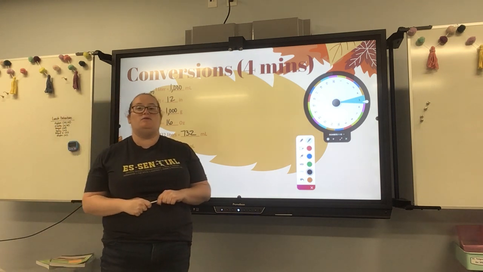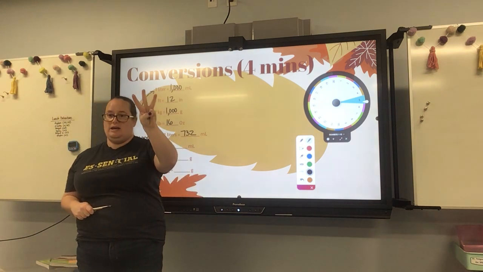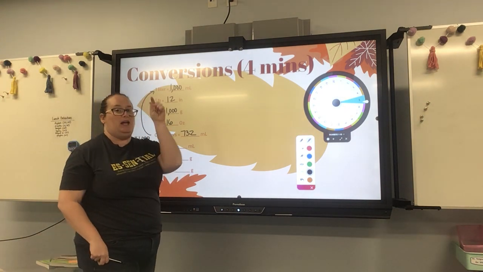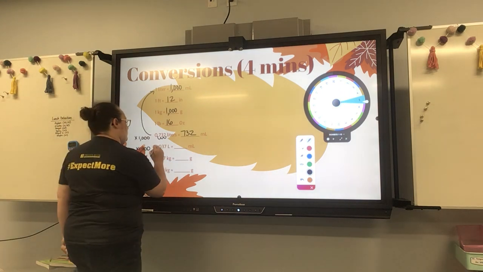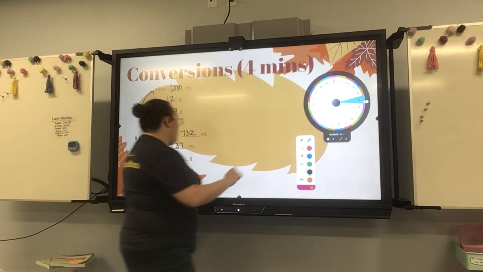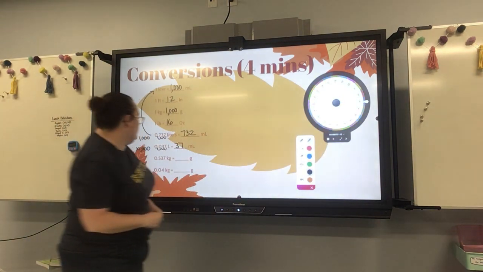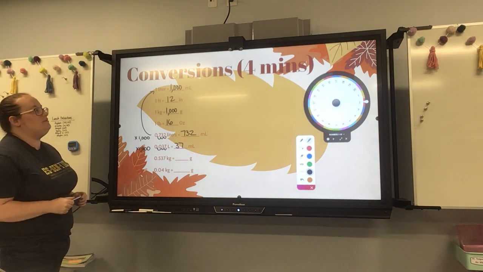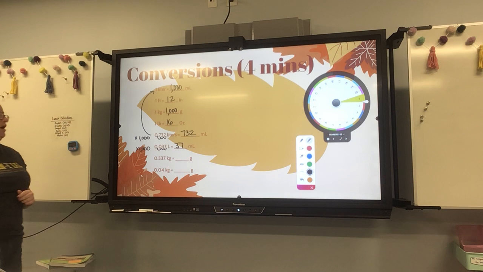Multiplying by 1,000 moves the decimal spot 3 places to the right. 1, 2, 3, and it would be 37. How many grams is in 0.537 thousandths kilograms? Number 1.